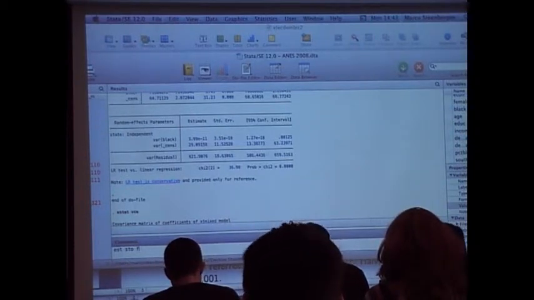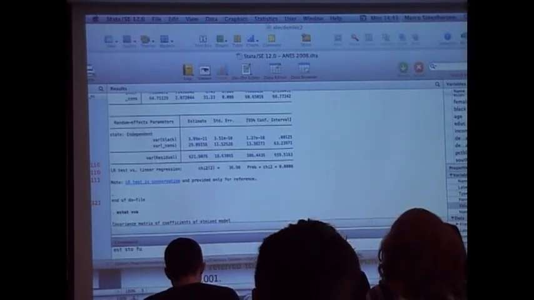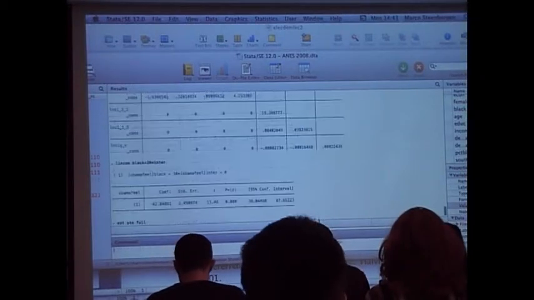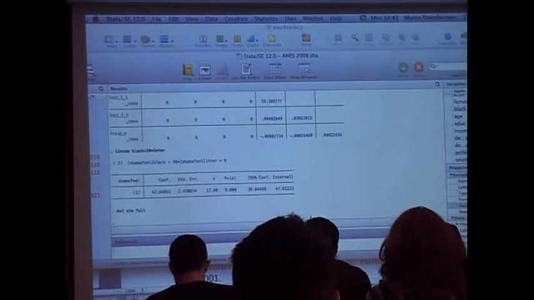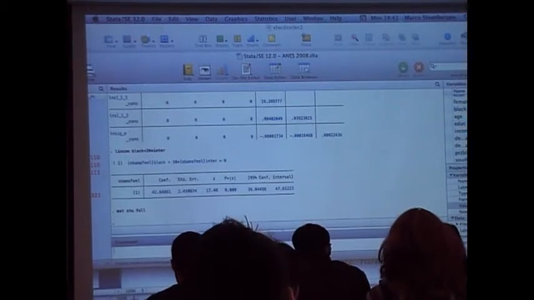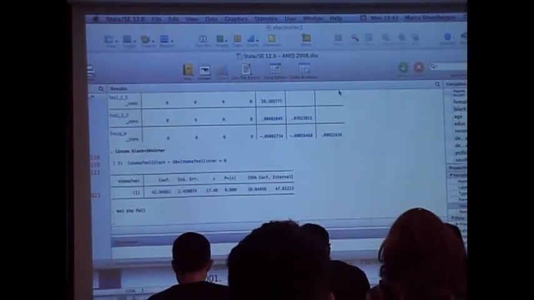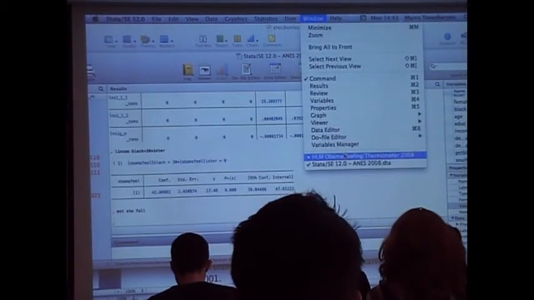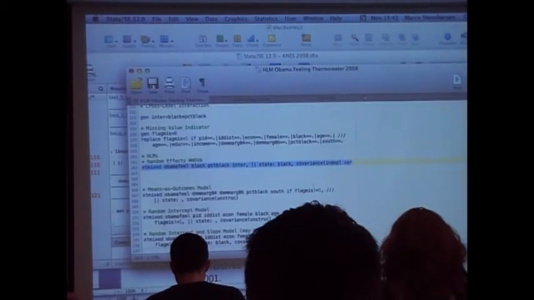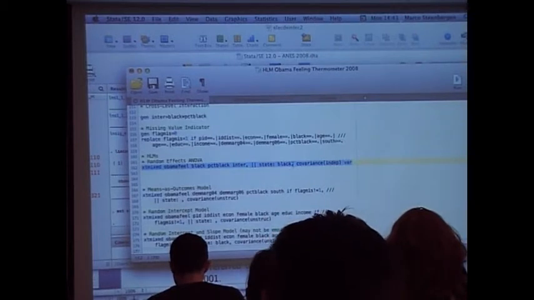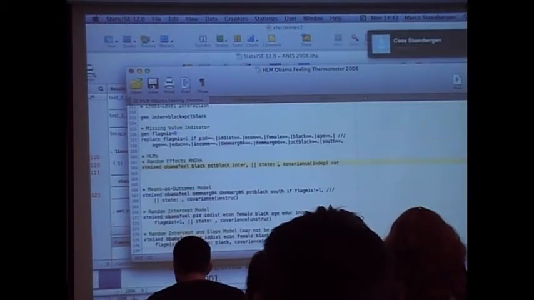And I do that using an eststo, or estimate store command, and give it a name, say full. And now it's storing this stuff. Now I'm going back, and I'm going to estimate the same model, but I'm removing the random effect on the slope.